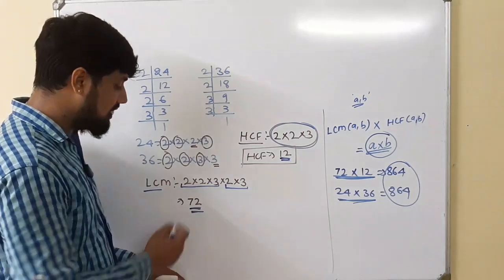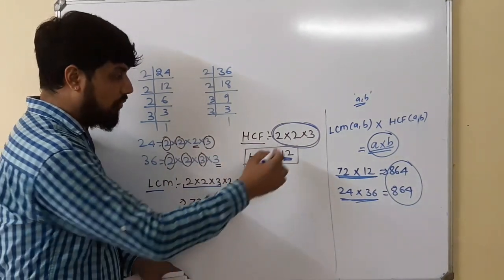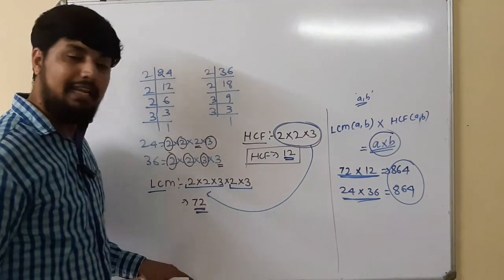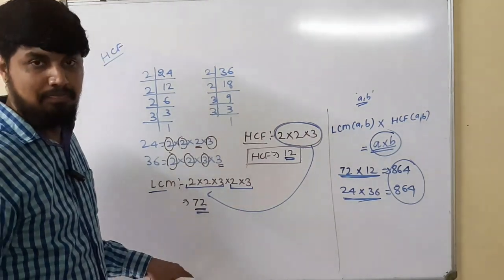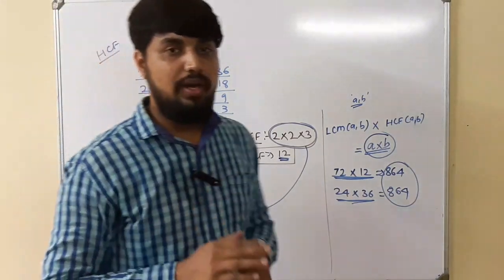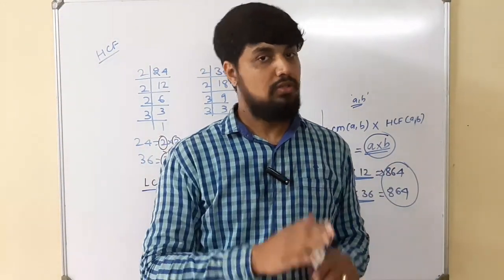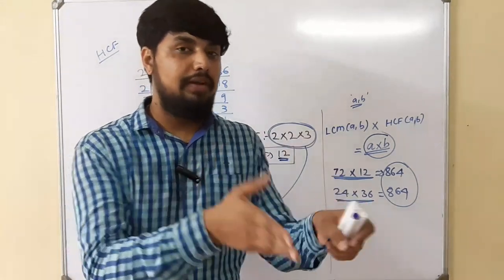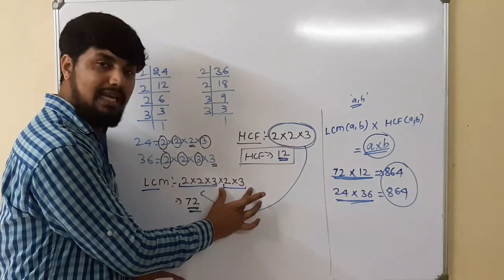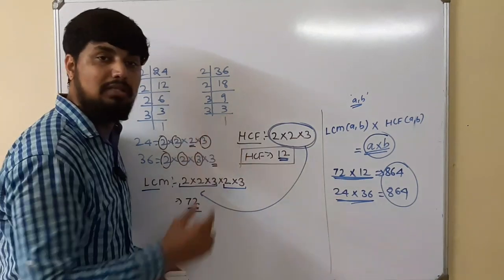So from this, can I say that whatever the HCF is, it is always present in our LCM? Because whenever we calculate the LCM, first we write the common numbers. So when we write the common numbers, ultimately we are writing the HCF. And then after that HCF, whatever numbers are uncommon, we write those.